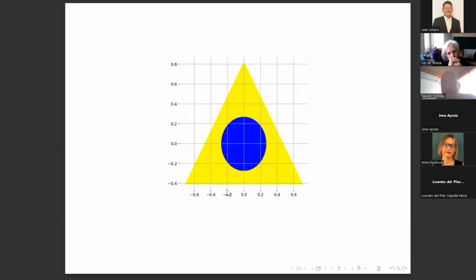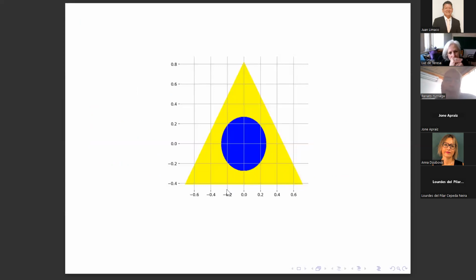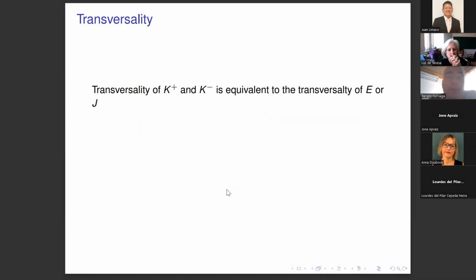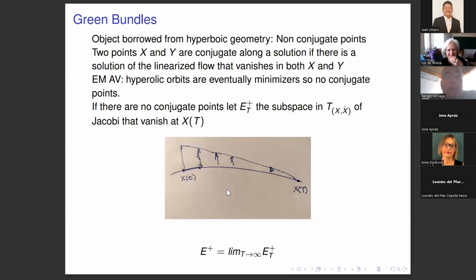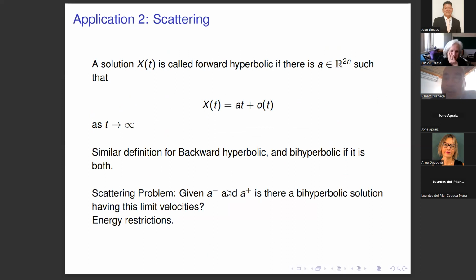And where can we prove this little convexity? Well, in the same figure as before, for example, in the equilateral triangle, in the red circle, in the blue circle, you have this convexity. I am talking about a bihyperbolic orbit. And which is the bihyperbolic orbit?